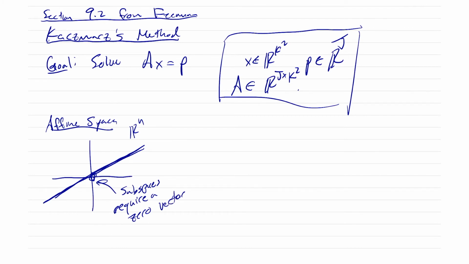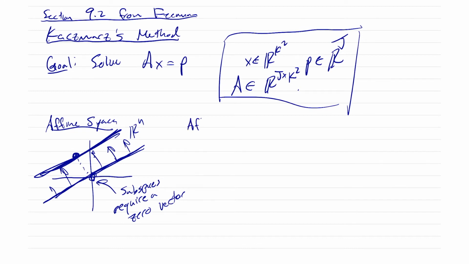But what we're going to be talking about are spaces that we call affine, and so basically we end up shifting these linear spaces up, and this is what is called an affine set.